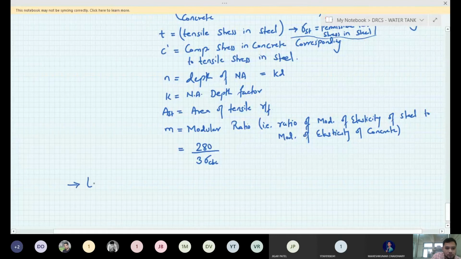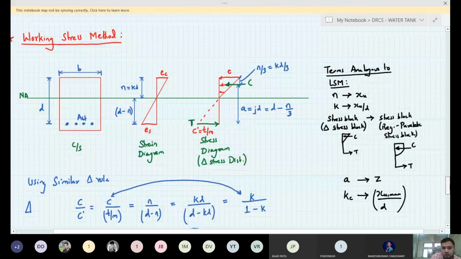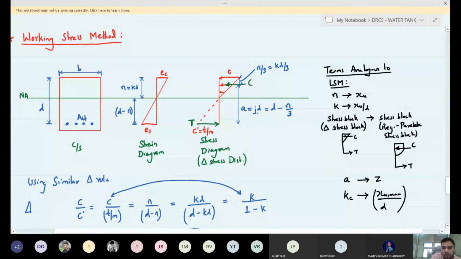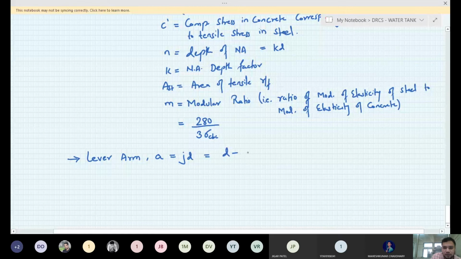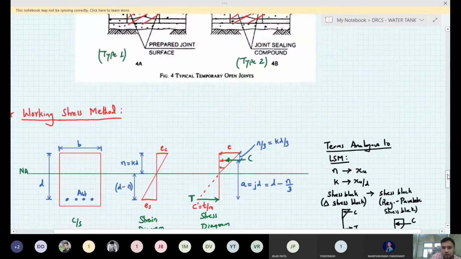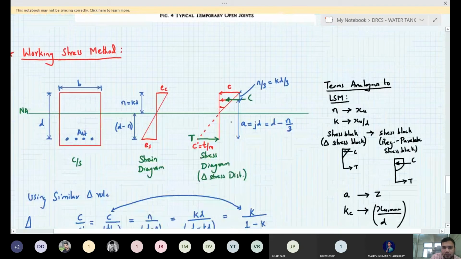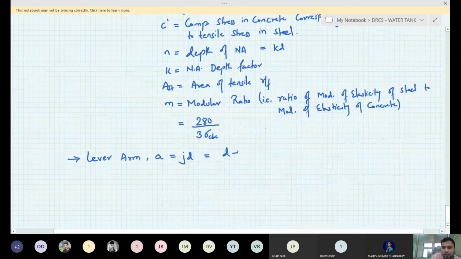So the lever arm A is equal to J into D. We can write this as D minus N by 3.